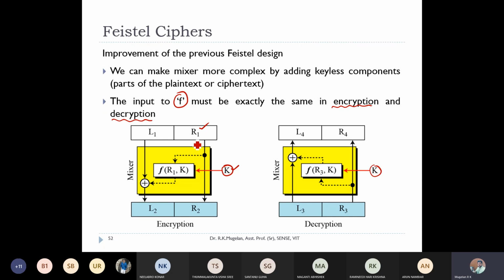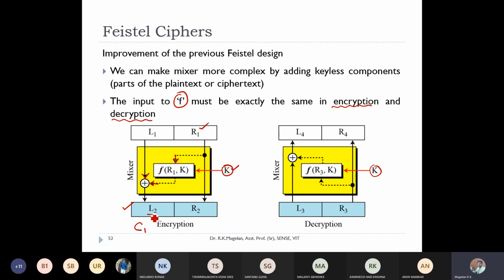Here you have the left half and right half, that is, the given block is equally divided into 2 halves. The left half is taken here, and to get the function's output, I'm giving the input of the right half of my plain text and the key, which gives me an output, and if it is XORed, I'm getting the ciphertext C1 left-hand side.